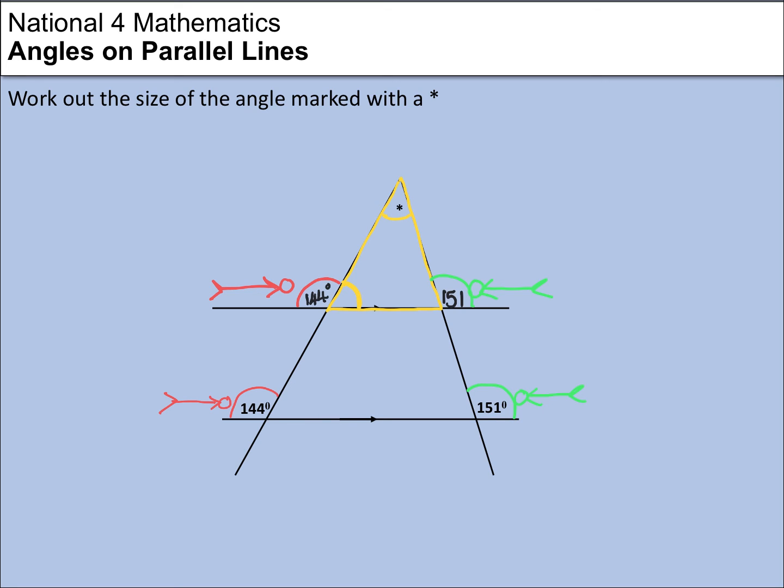Angles on a straight line add up to 180. So I'll do 180, take away 100 and 44, which comes to 36. So that angle's 36. And now we can work out the one at the other side of the triangle.